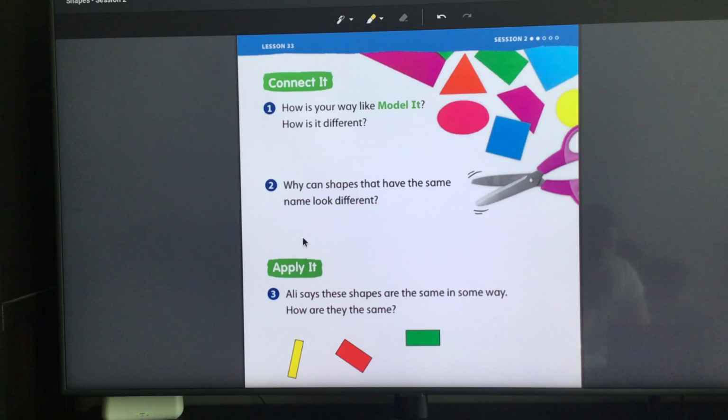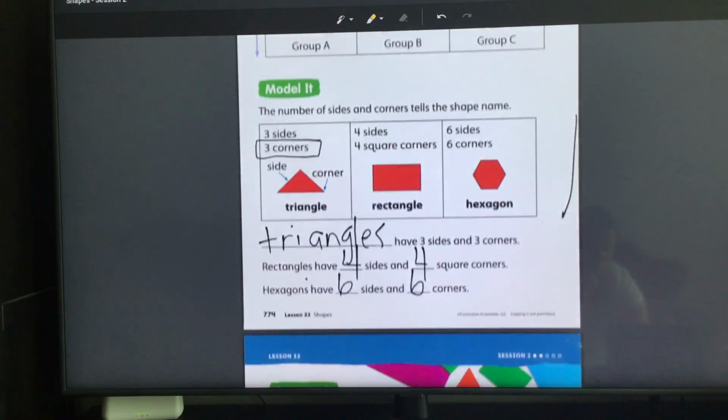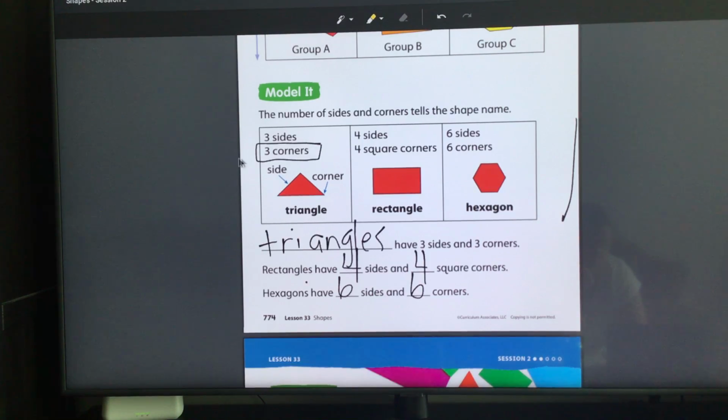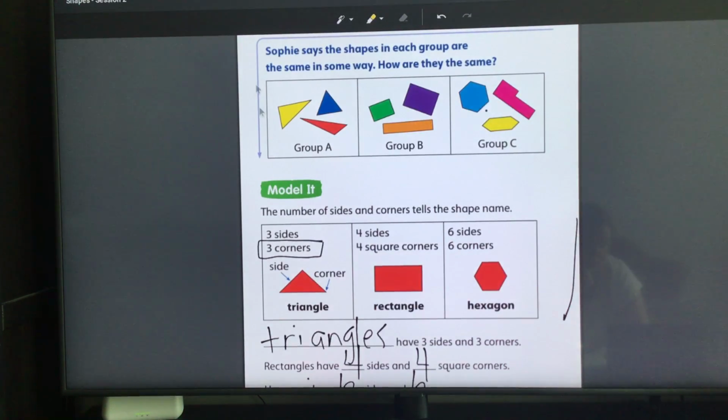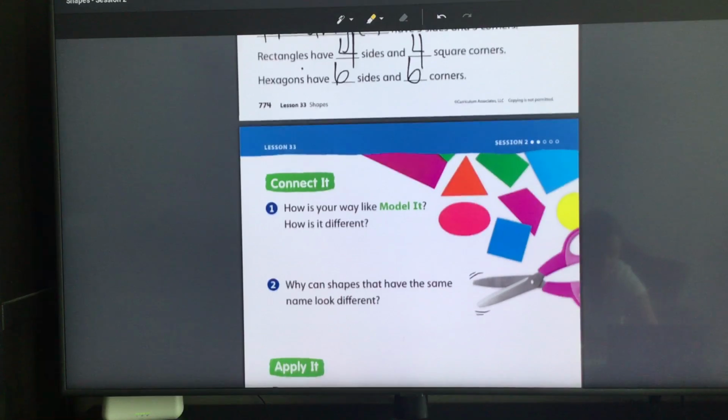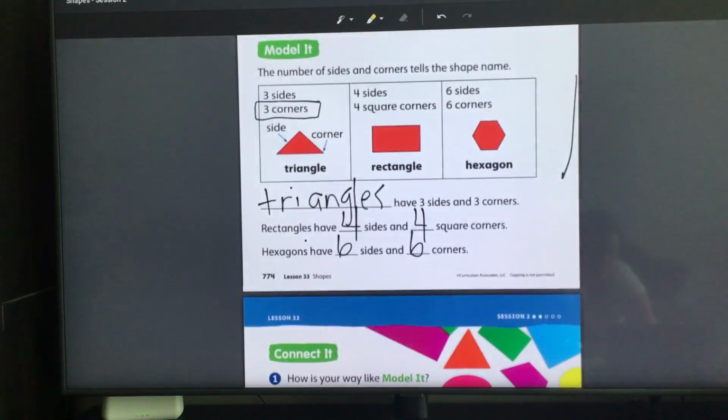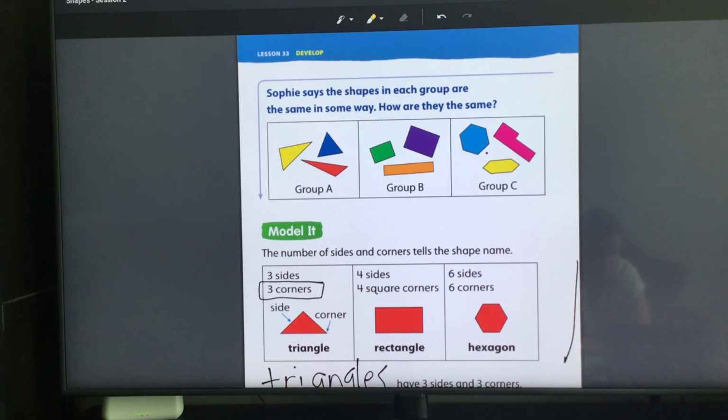Okay, let's look at number 2. Why can shapes have the same name but look different? So if we look up here, actually it's better to look here. Why can these shapes all be called triangles even though they look different? This one is bigger than this one. This one is skinnier than this one.